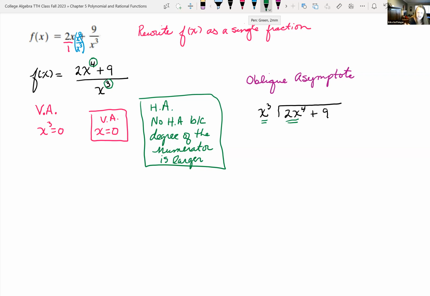Well, x cubed times 2x gives me back 2x to the fourth. And so let's multiply 2x by this x cubed. And so doing so, we get 2x to the fourth.